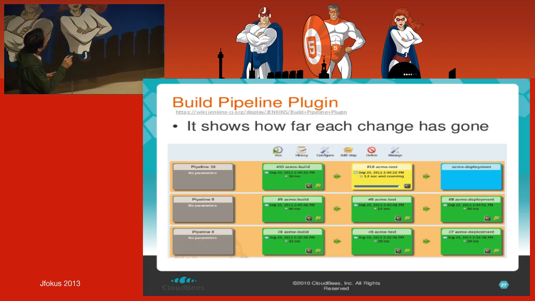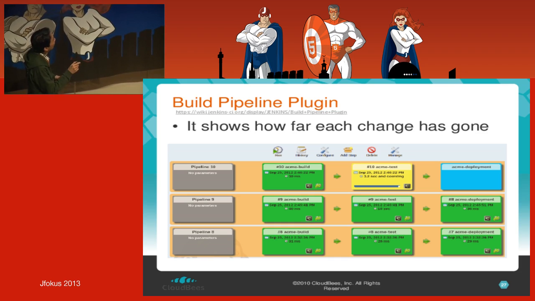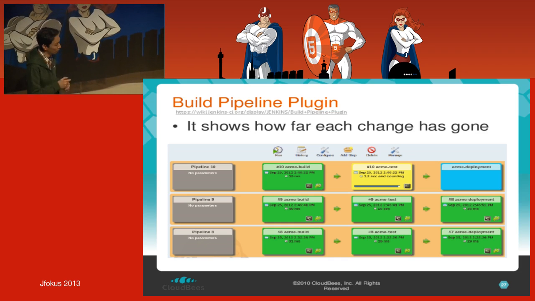So we're basically doing the same thing: the build is triggering the test, the test is triggering deployment. But as an individual developer checking in code, what you really care about is how far your change has gone through this pipeline, not so much how jobs are configured between them. So this view is probably more useful for people committing changes, whereas the previous view was more useful for people configuring jobs.